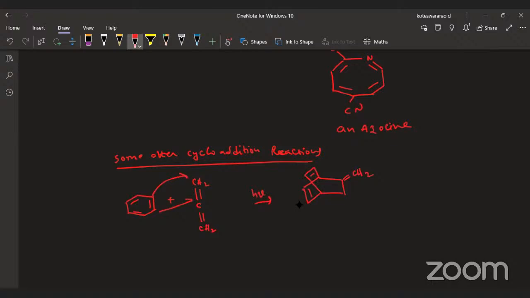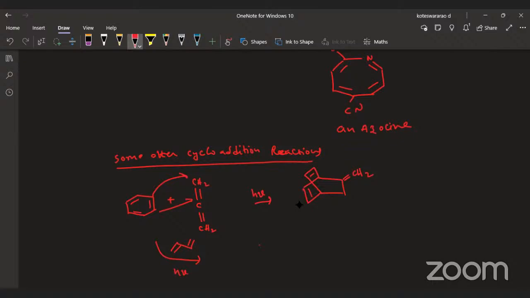This is the product, right? If the same derivative is reacting with the trans butadiene in photochemical condition, that leads to the formation of two products.